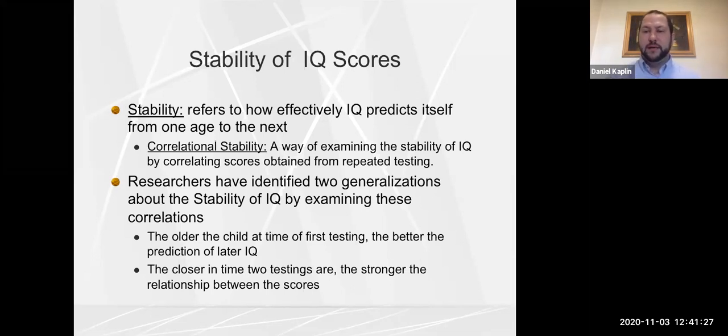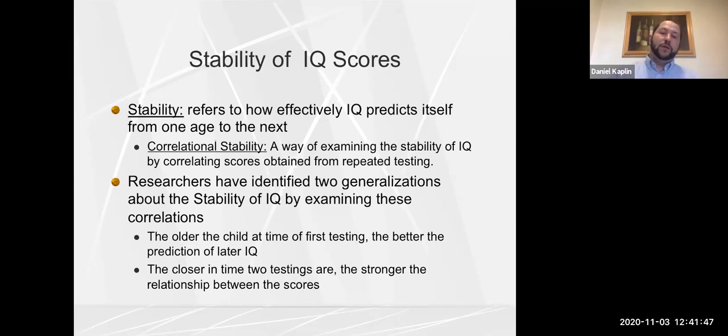Why? Because smaller differences can make you stand out in one way or another as a toddler, as an infant, and then in middle childhood. So as you get older, your IQ tends to become more stable.